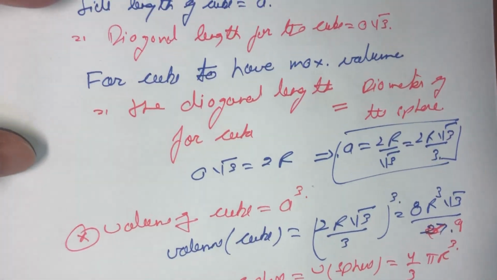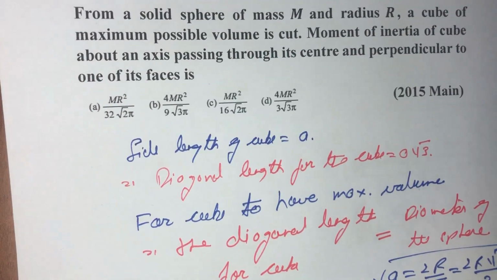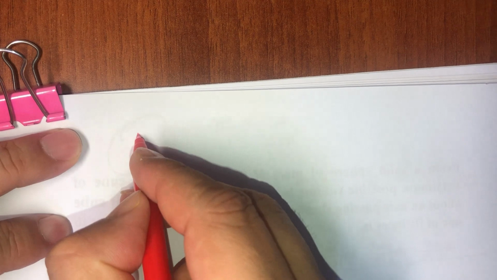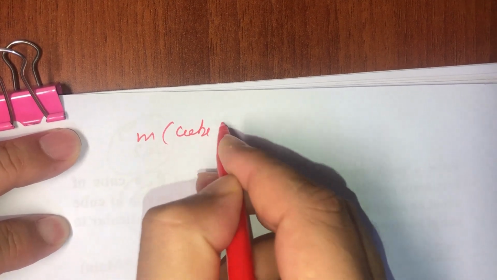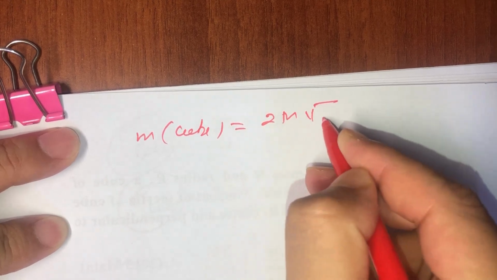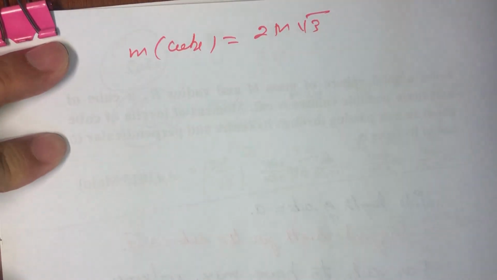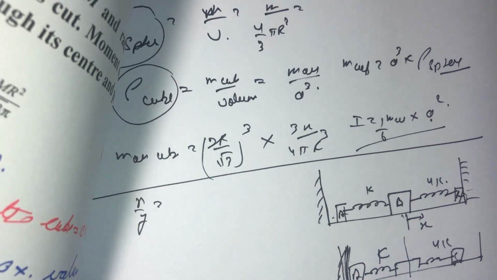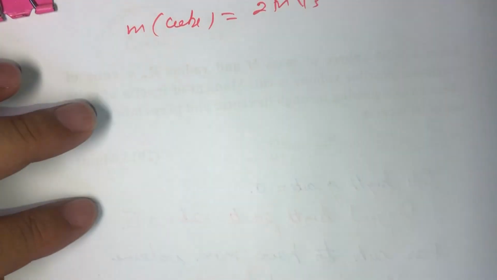So we get mass of cube equal to 2m root 3 divided by 9 pi.